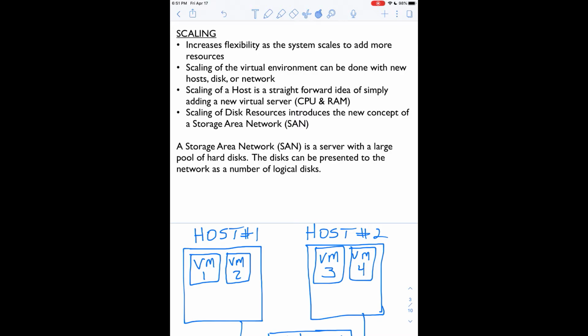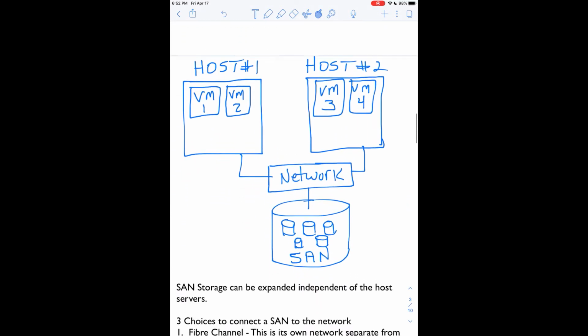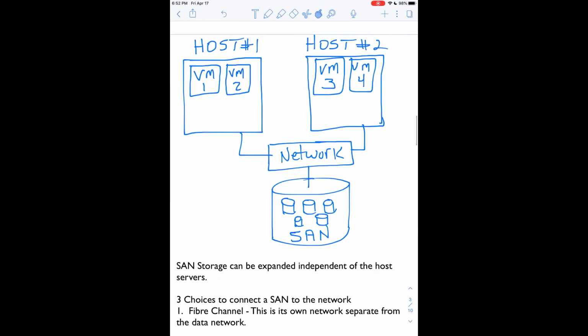And then to scale for disk resources, yes, you can take a server and keep adding more disks until it's full. And the storage area network is a way of sharing a large pool of disks with multiple hosts at the same time. So it looks something like this. You're going to have a couple of hosts, your network, and then this large SAN down here.